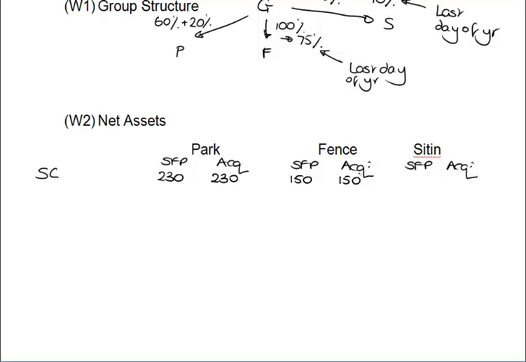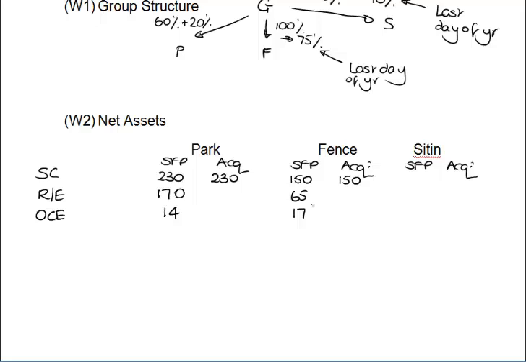We then have retained earnings and OCE. So whilst we're dealing with these companies, we've got retained earnings of Park at the SFP date 170 and OCE of 14, and for Fence it's 65 and 17. We've then got the figures for the parent.